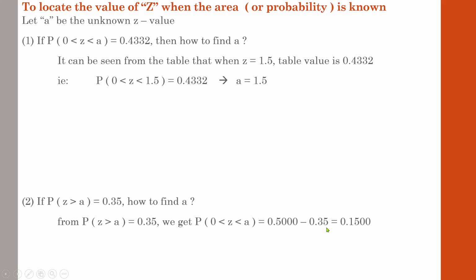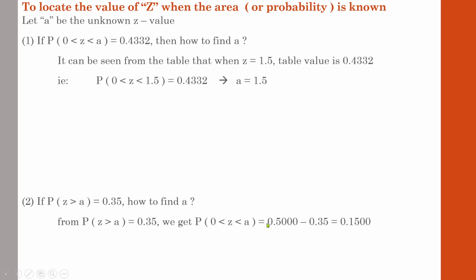But when a single value is given, you have to take the difference with the value of that particular side. We know that both sides have certain values. The entire right hand side is represented as positive 0.5, and the left hand side is minus 0.5.